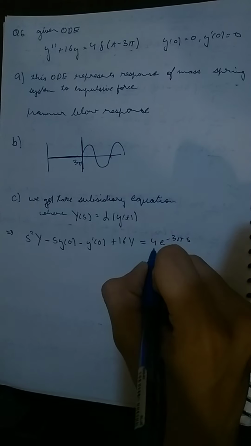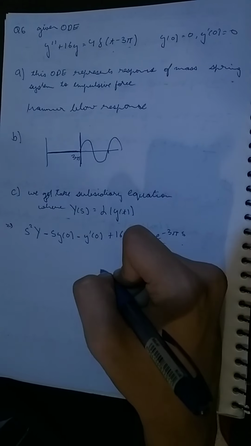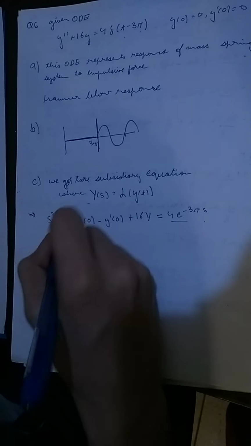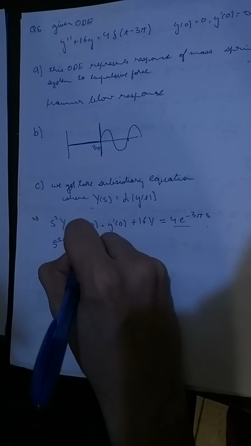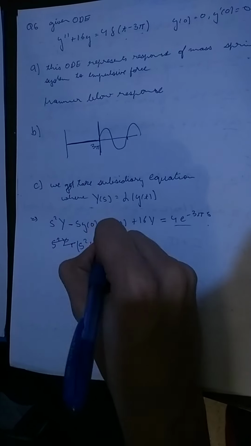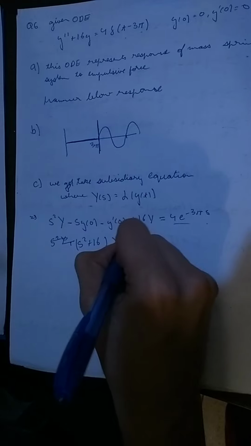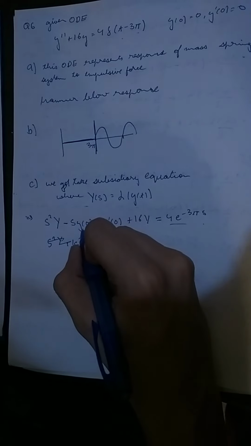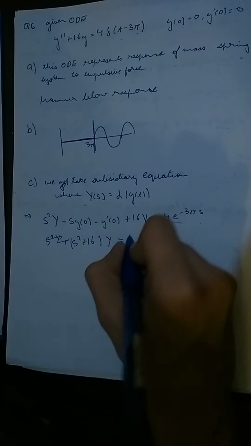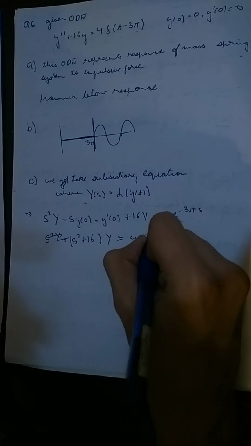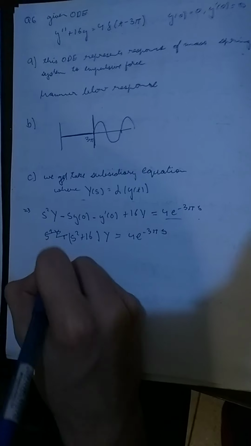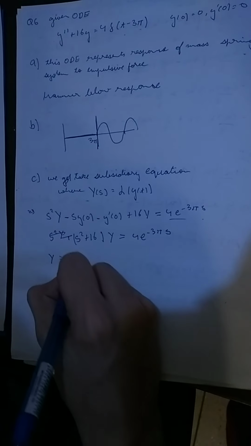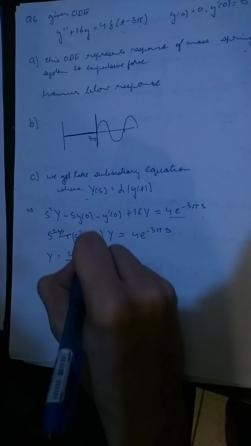Now when we solve, we get (s squared plus 16)Y. This is because the initial conditions have been given as 0, which is equal to 4e^(-3πs), then Y is equal to 4 upon (s squared plus 16) into e raised to the power minus 3πs.